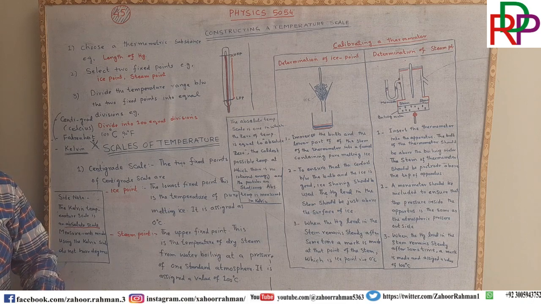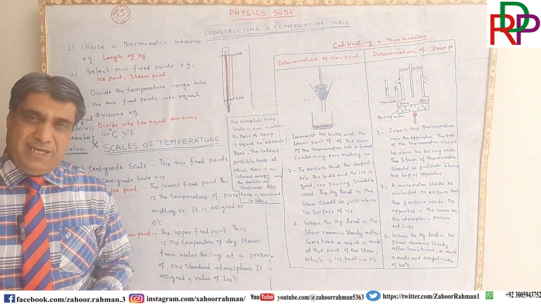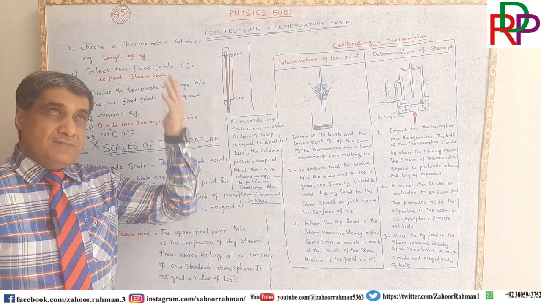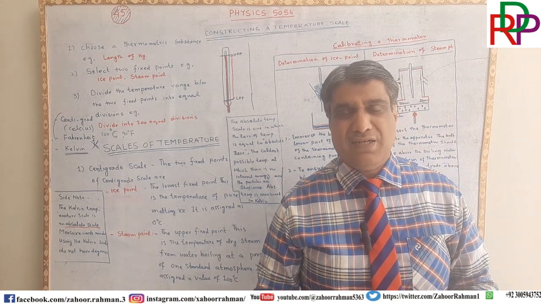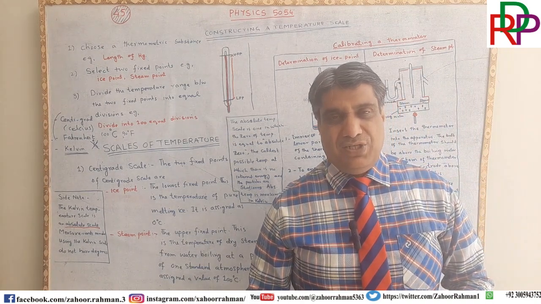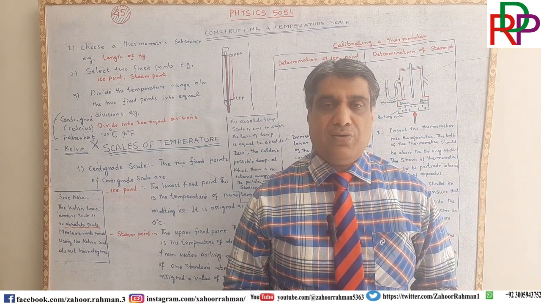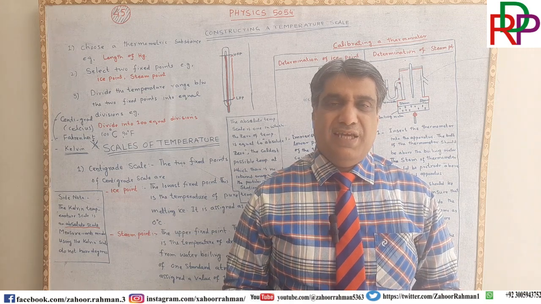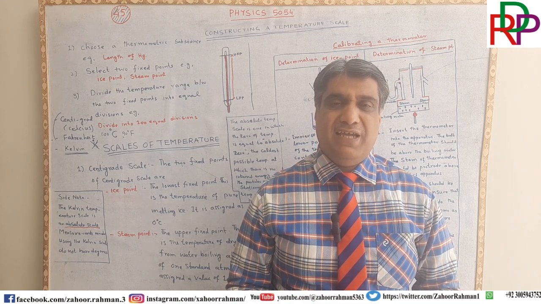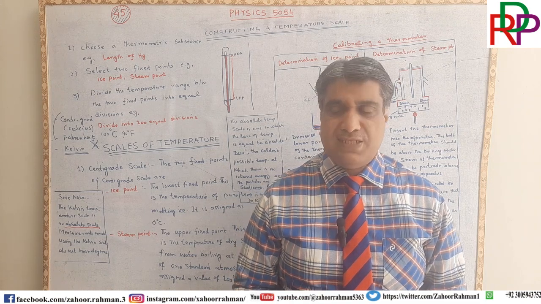There will be no increase or decrease of pressure. If you are calibrating the centigrade scale at a very high altitude where there will be low pressure, then you will not get the correct calibration. Similarly, if you are going below sea level, there will be high pressure, and again you won't be able to calibrate that temperature scale very precisely.